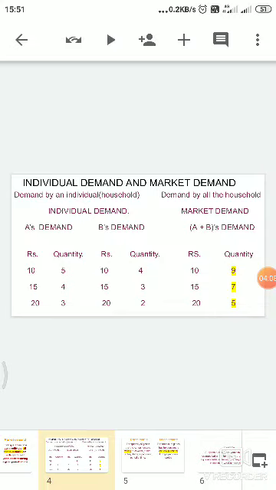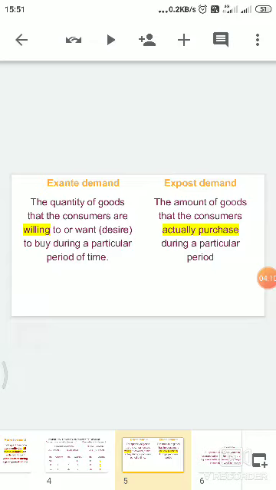There's another category of demand which is called ex ante demand, and the other is ex post demand. Now, ex ante, anticipated demand. Anticipation means what you are willing or you want or you desire to buy. So ex ante demand refers to the quantity of goods that the consumers are willing to or want to buy during a particular period of time.